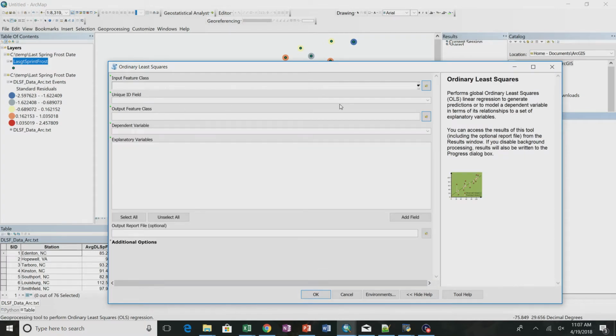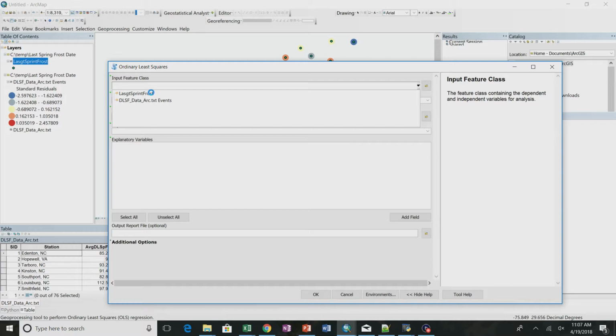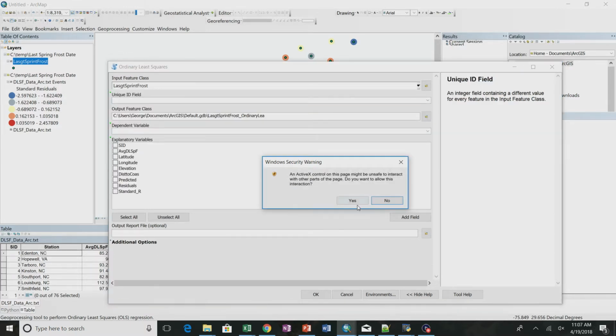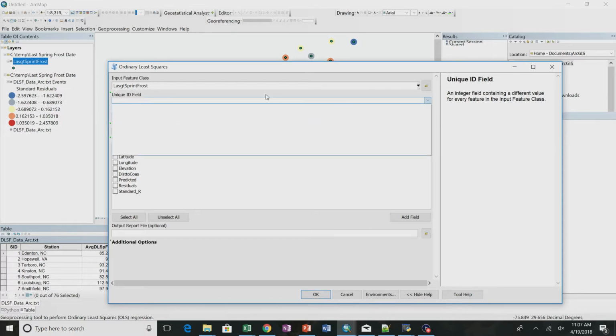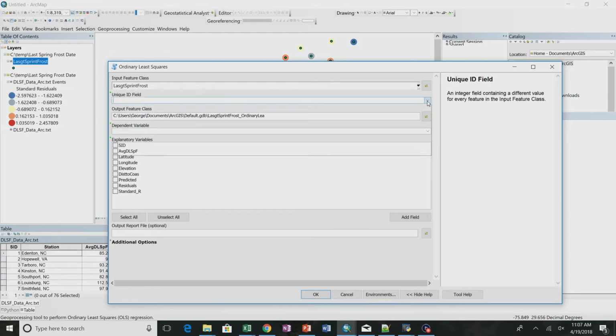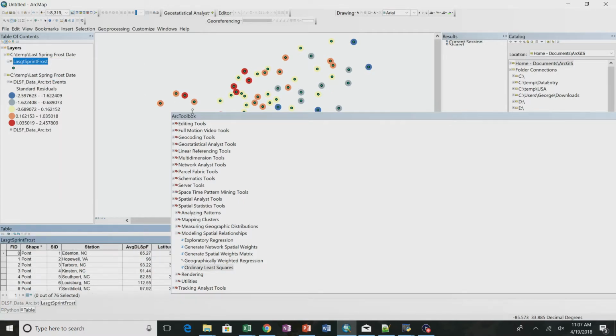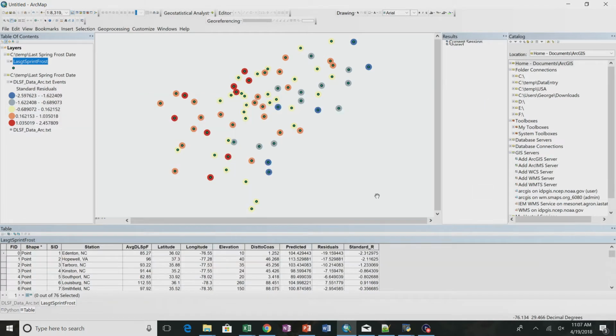So for ordinary least squares regression, we have the ability to choose a feature class. In our case, we're going to choose this last spring frost. And then you have to have a unique ID field, otherwise it won't work. It looks like I have a problem. I wonder why.